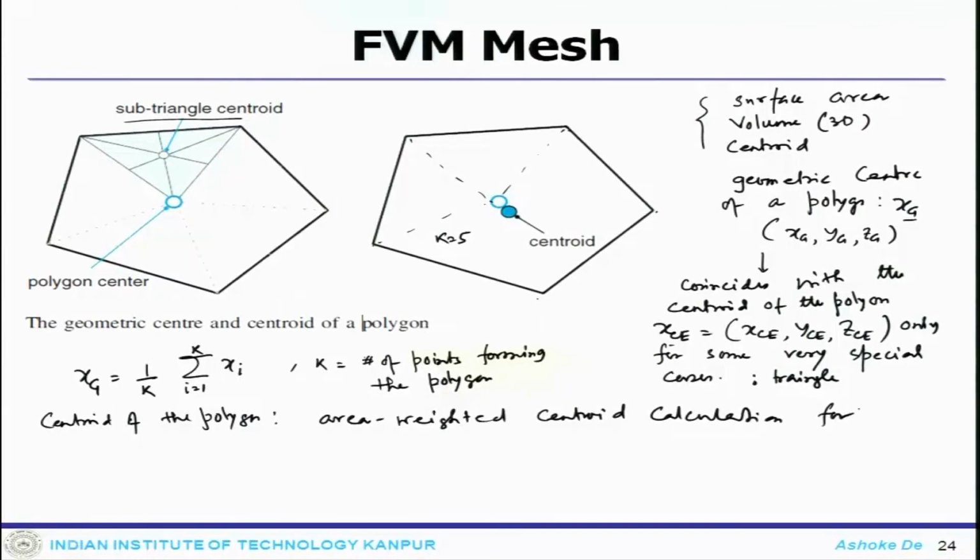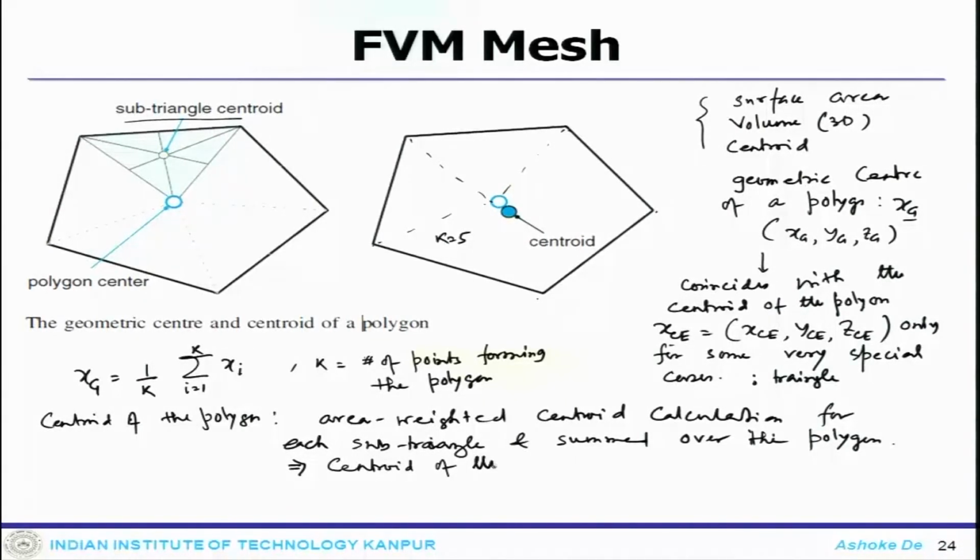The calculation is done for each sub triangle and summed over the polygon. That will get you back the centroid of the polygon.